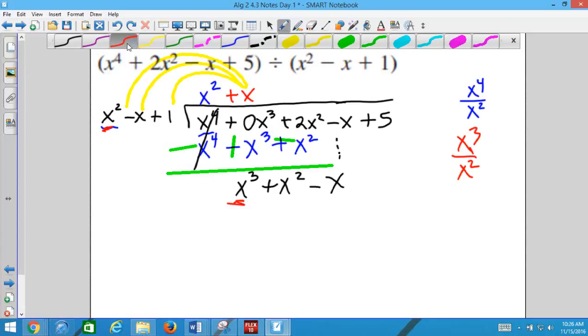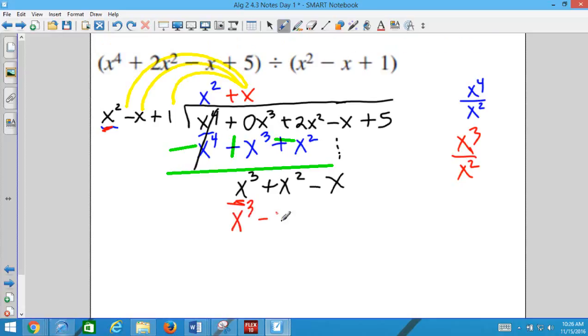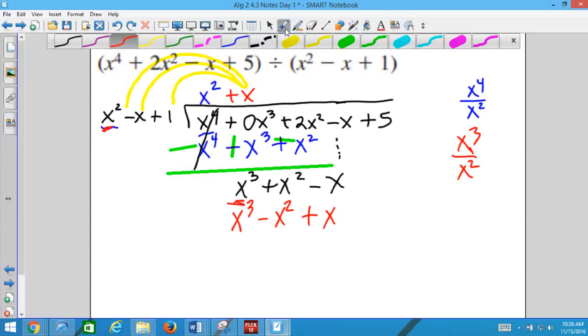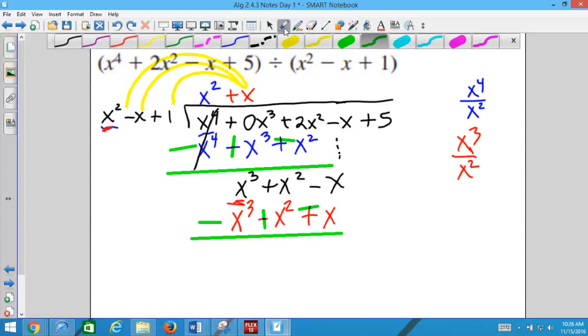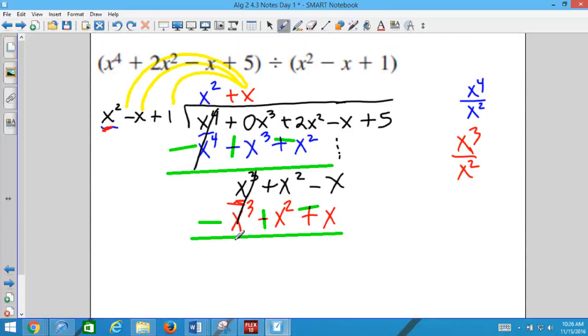When I distribute x, I get x to the 3rd minus x squared plus x. And I draw the line, change the signs, and add them. I get 2x to the 2nd minus 2x when I add them correctly.